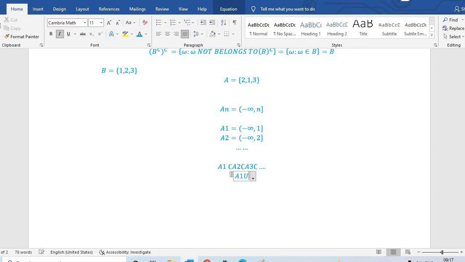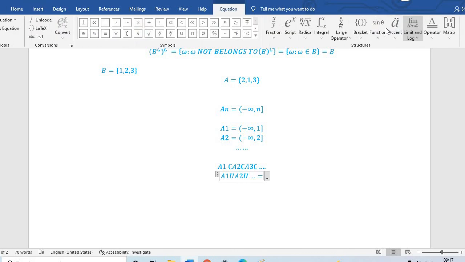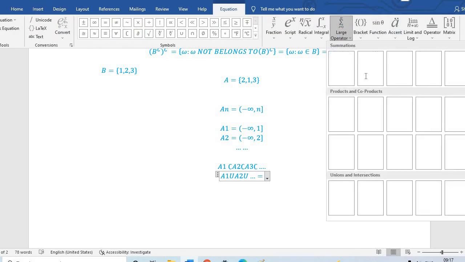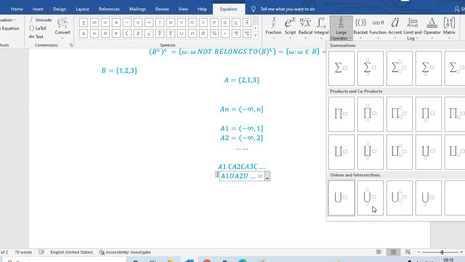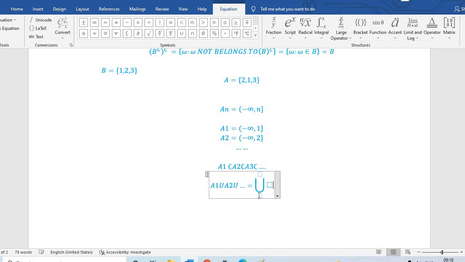A1 union A2 union, that you can denote as arbitrary union. So that we usually write as this one, union i from 1 to infinity, ഇതങ്ങനെ പോകും, ഇൻഫിനിറ്റിയിലാണ് അവസാനിക്കുക, A i.